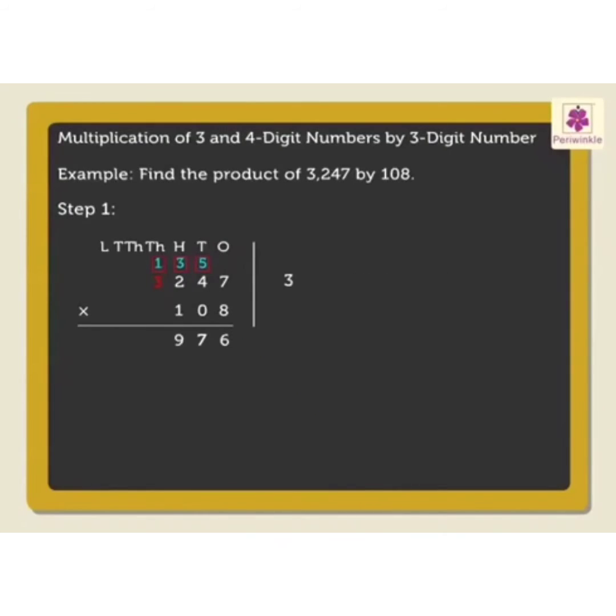And lastly, 3 into 8 is equals to 24 plus the carried over 1 is equals to 25. We will call 25,976 as the first partial product.